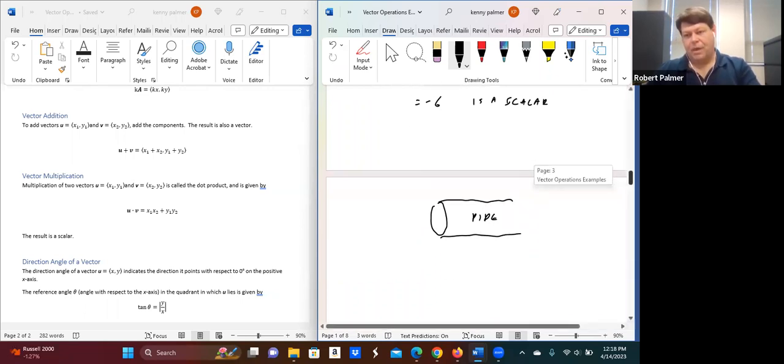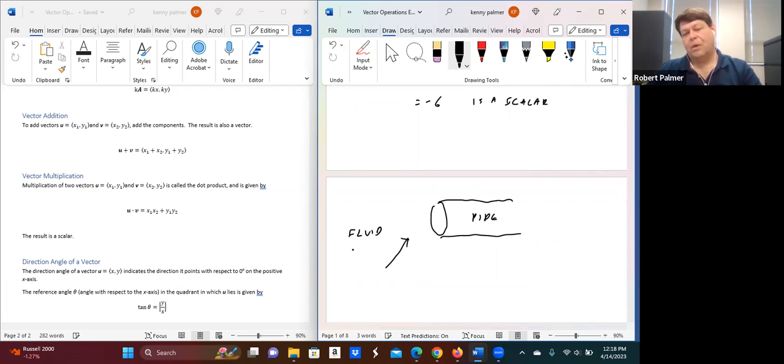And imagine we have some fluid flow in this direction. So fluid flow would have magnitude and direction. Let's say the fluid flow vector is called F. Magnitude and direction. And now we also have a vector that points out in this direction. This is what's called a normal vector.